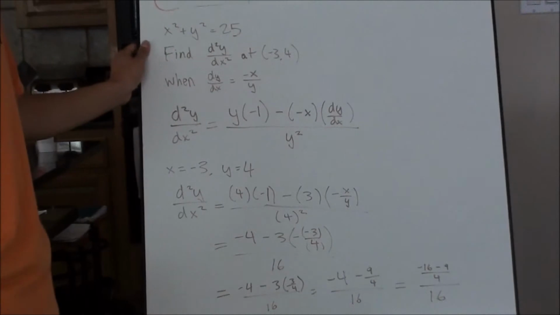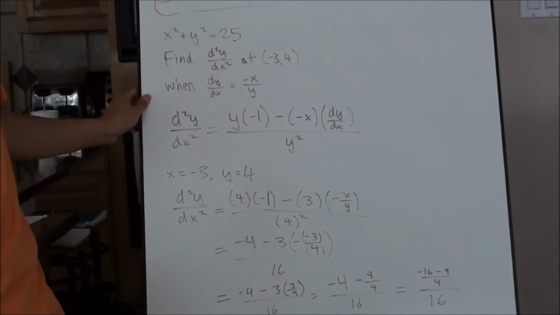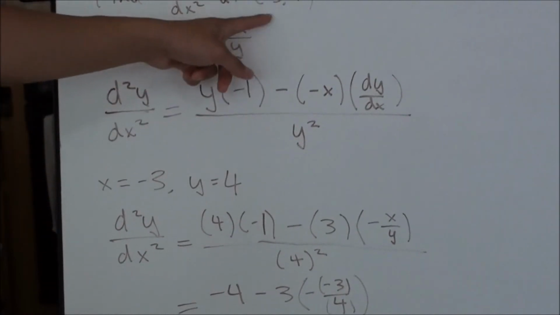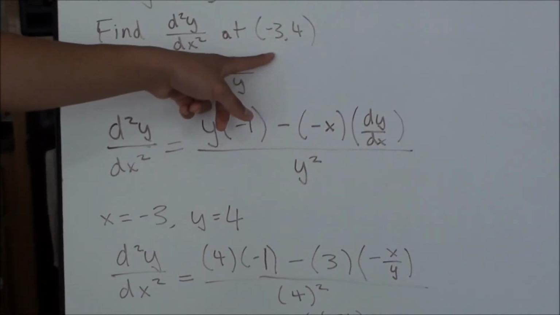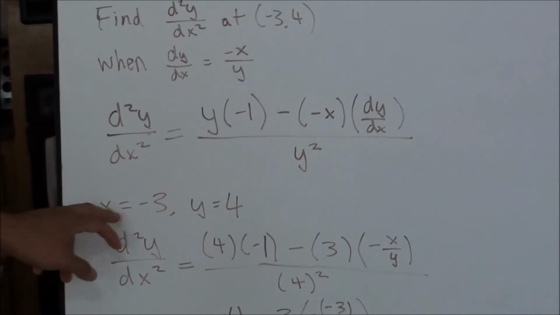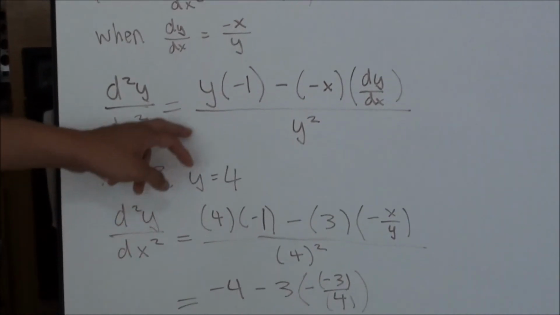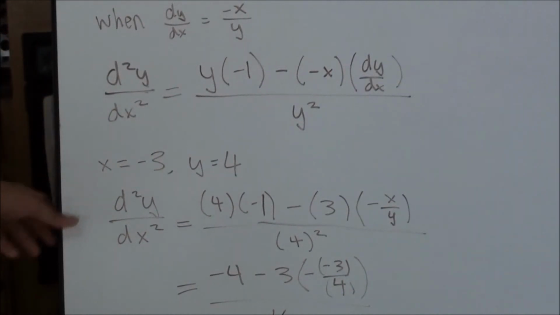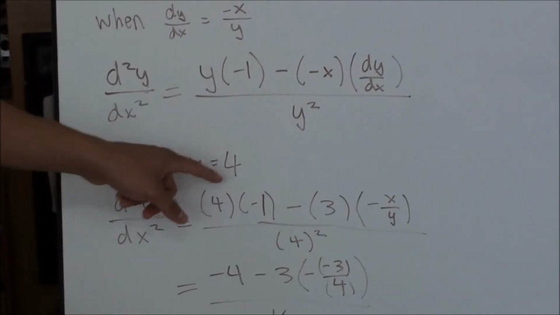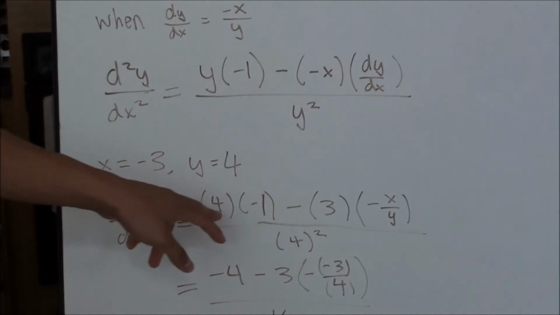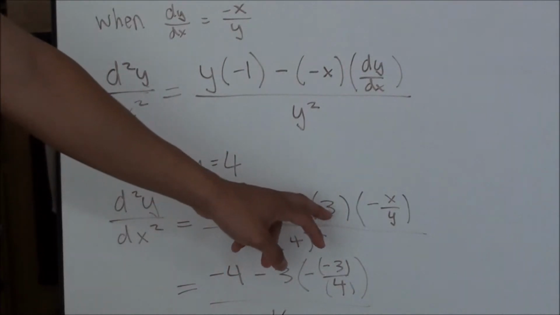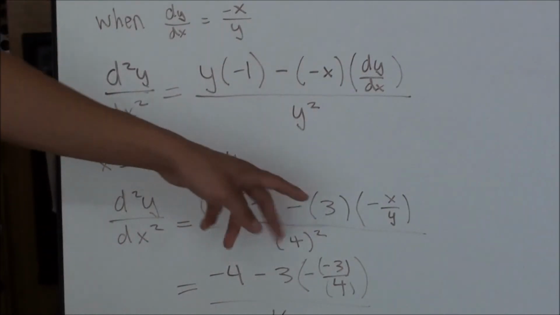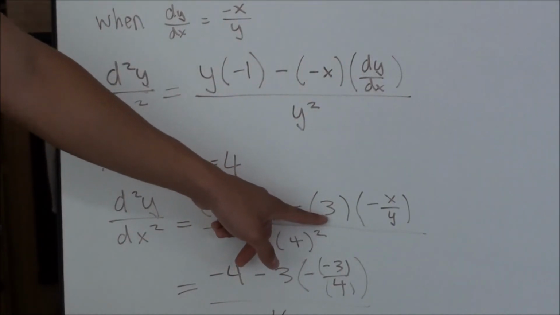This question is asking for a certain value for d squared y over dx squared. So you can use this point that they gave you up here, (-3, 4), and then just plug it in using x equals negative 3 and y equals 4 into this massive equation right here. So you plug in your y's and keep everything else, and you plug in your x right here, which in this case would be a negative 3, so becoming a positive 3.